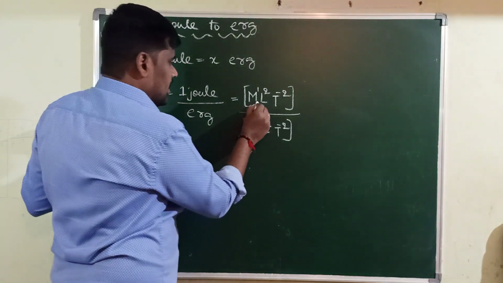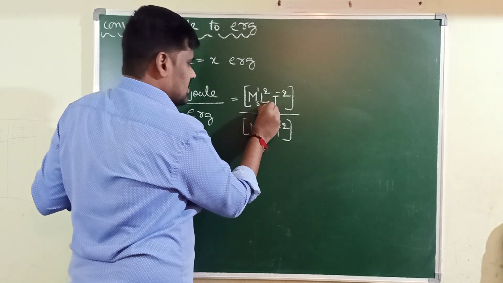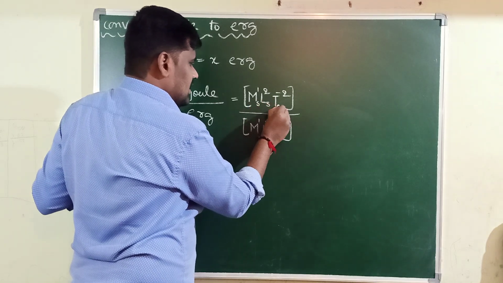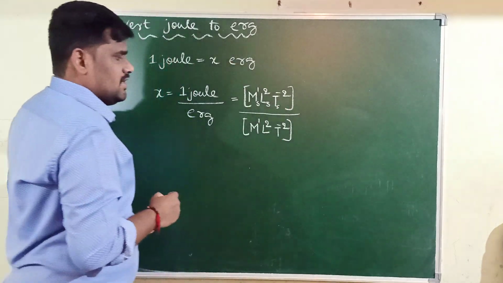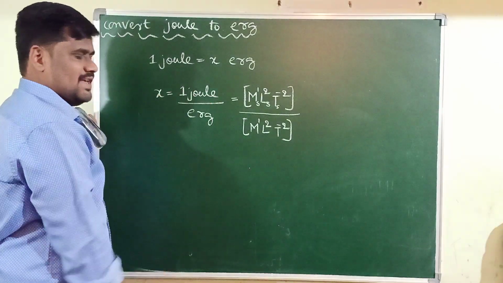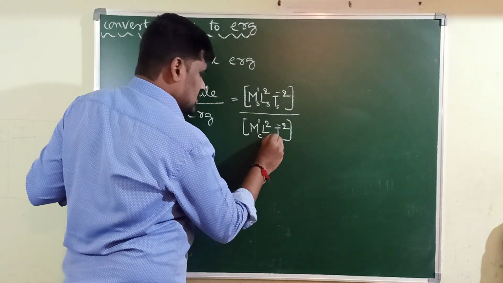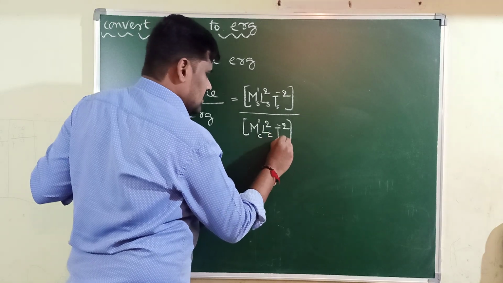Therefore, the numerator quantities I am representing by S here: MS, LS, TS. Here S stands for these parameters being in SI system. Here I will use C, that is MC, LC, TC.